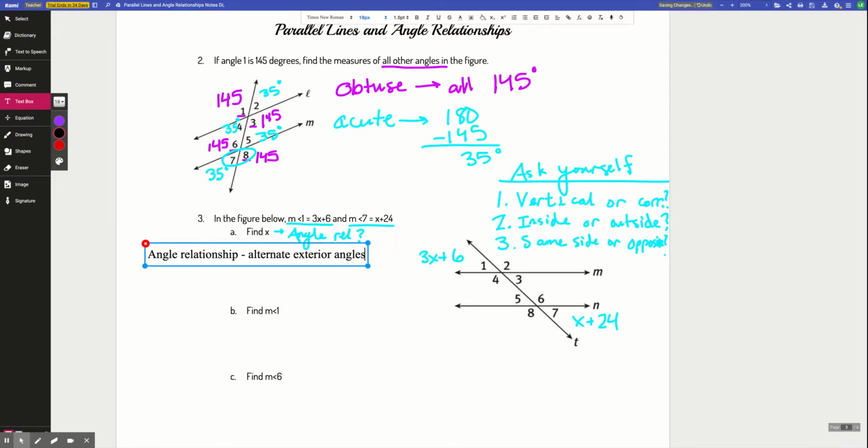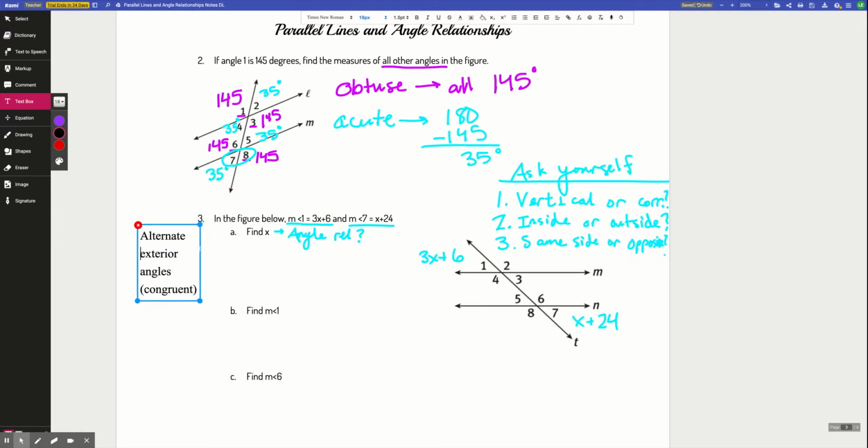So these are alternate exterior angles, which means they are congruent, okay? That's the rule. I get rid of this thing that says angle relationship because I'm running out of space here, okay? So the angle relationship is that they are alternate exterior angles, right? That is the rule.